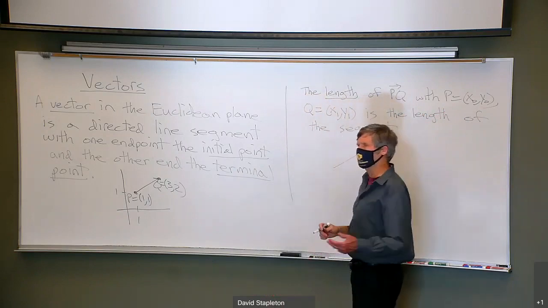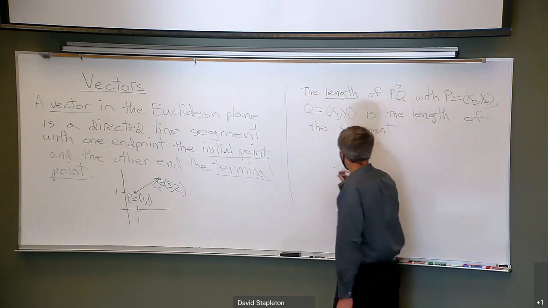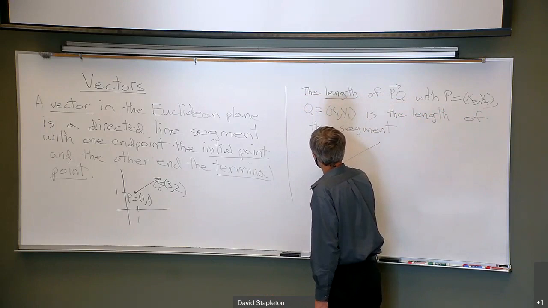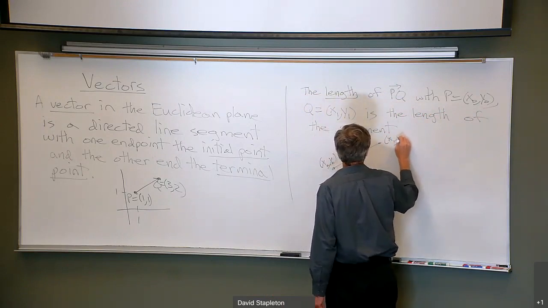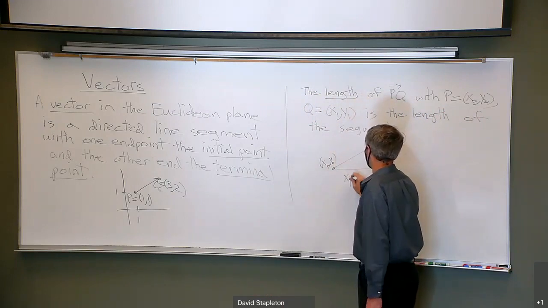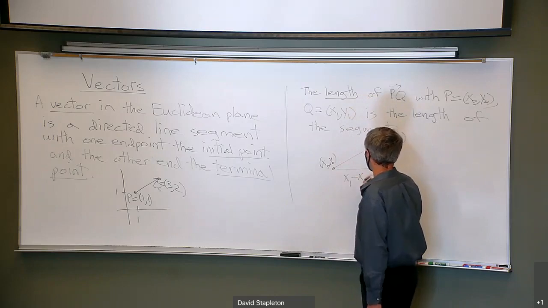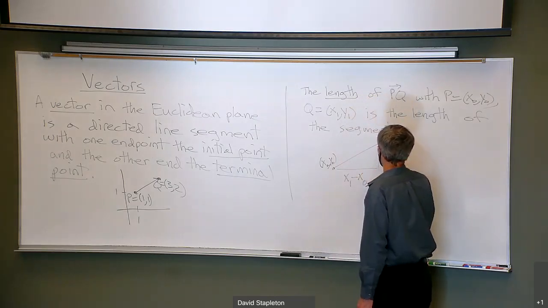But what we're getting at is we're trying to move up to vector calculus. We first want to know what it is we're talking about. So if this point has coordinates x0, y0, and this point has coordinates x1, y1, we just make a triangle and say, this one is a displacement x1 minus x0, and this one is a displacement y1 minus y0.